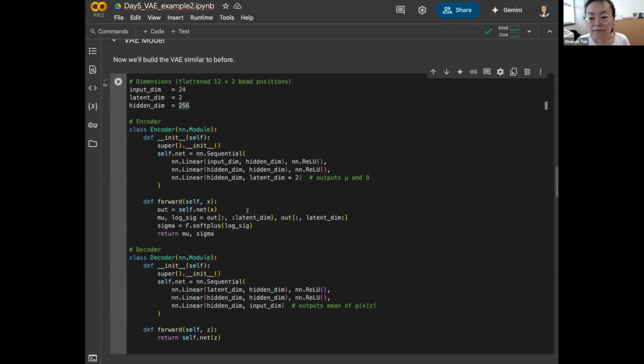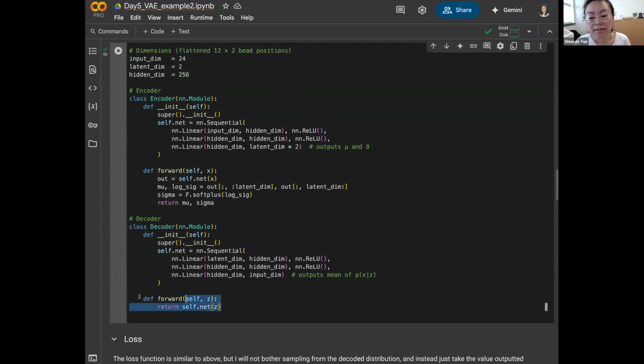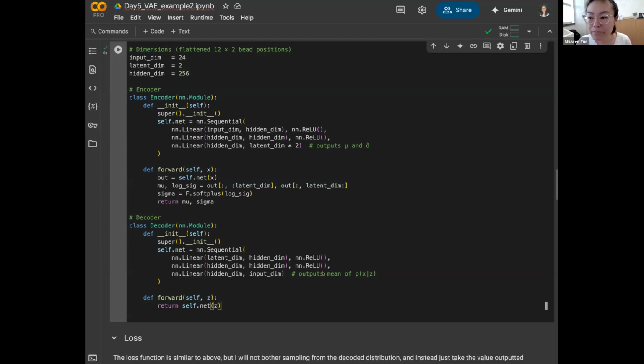So this part, nothing different. The decoder no longer has the more involved change from raw logits to the softmax for the categorical 32-class thing. We're just getting the raw value here.